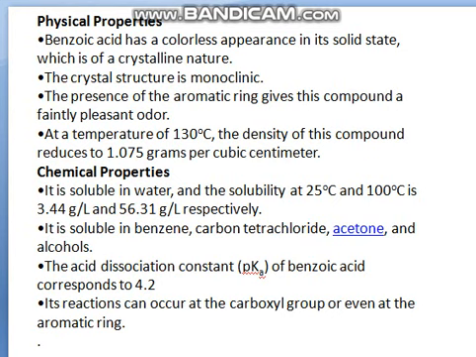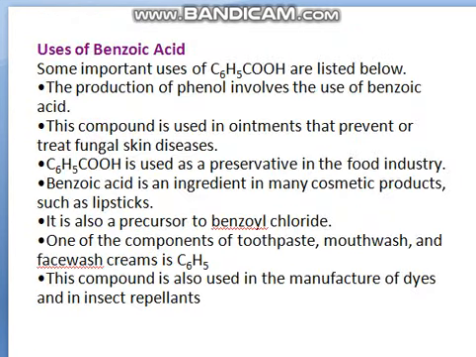It is used as a precursor to benzoyl chloride. Benzoic acid is one of the components of toothpaste, mouthwash and face cream. This compound is also used in the manufacturing of dyes and in insect repellent.